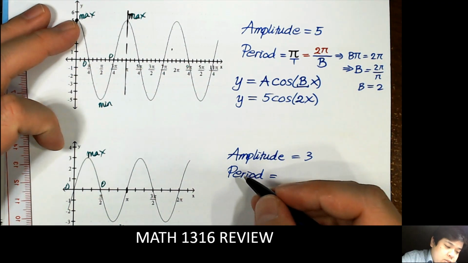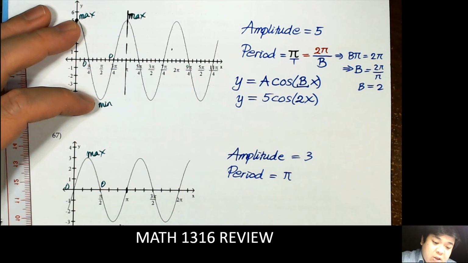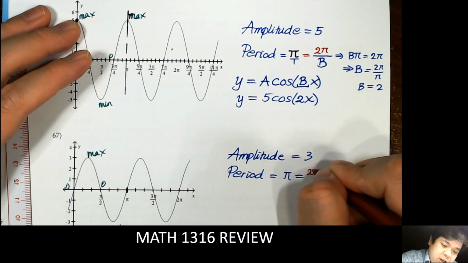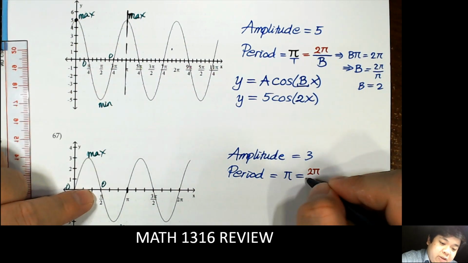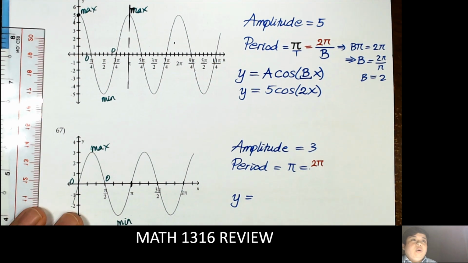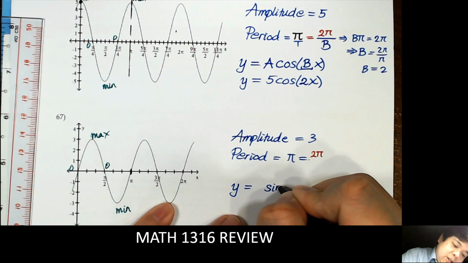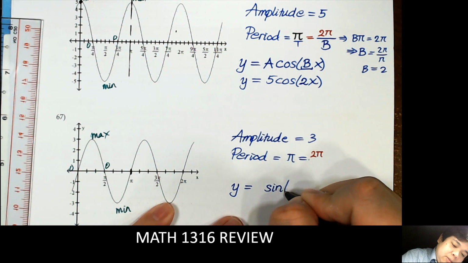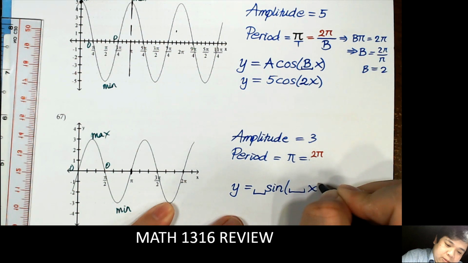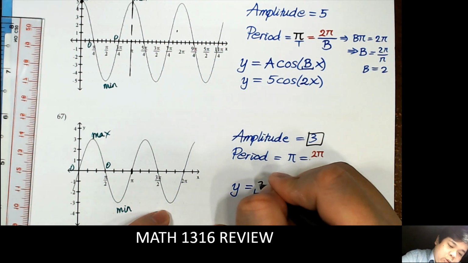Period: pi, same thing as the previous problem. By default it is 2 pi divided by the coefficient of x. By the way, since it is 0, max, 0, min, back to 0, it's going to be sine. The amplitude is 3, so the 3 will go down.